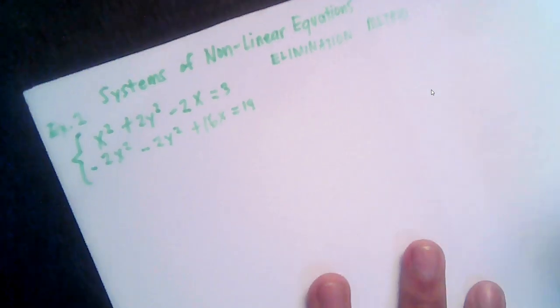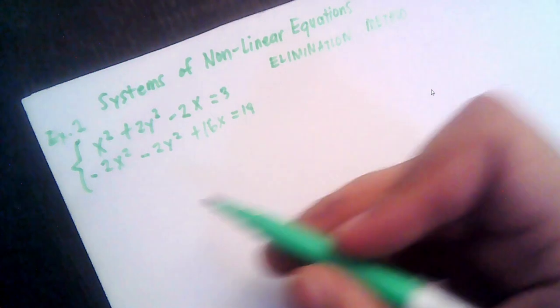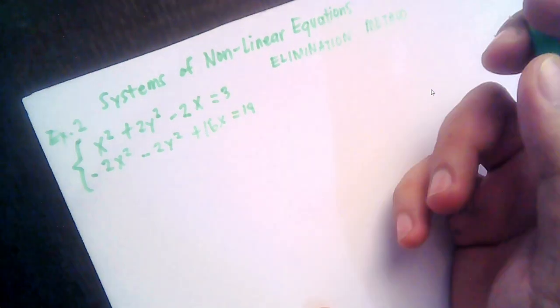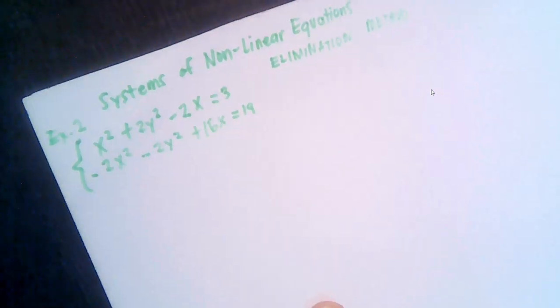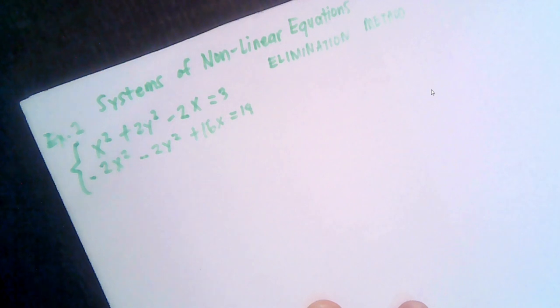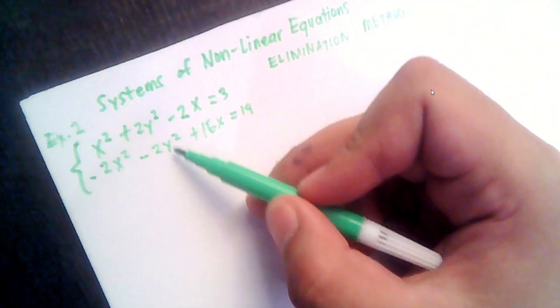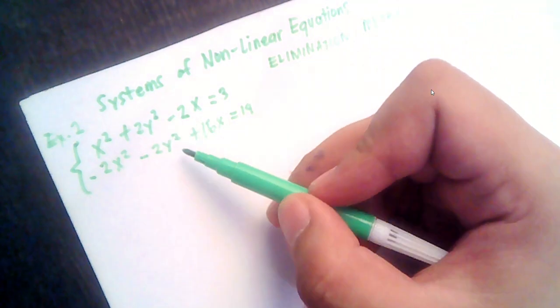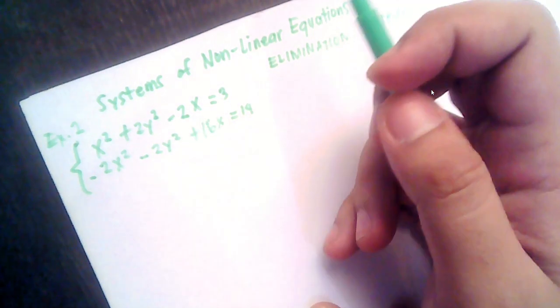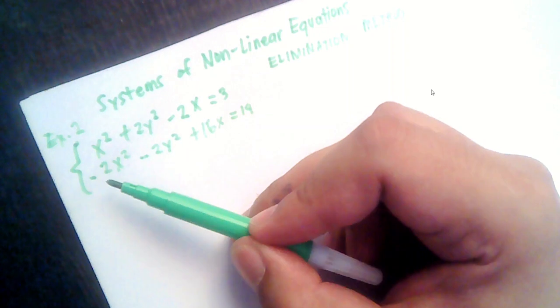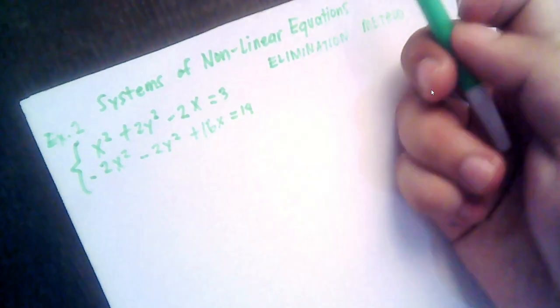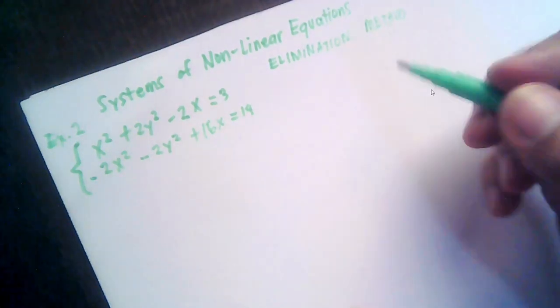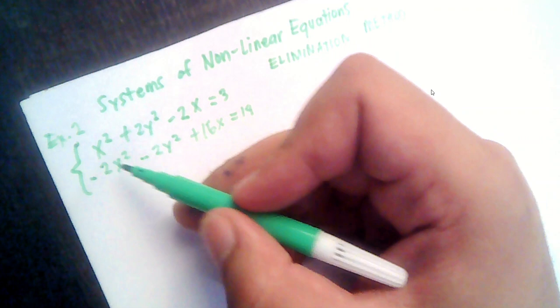Example number 2 of elimination method is, first step, look at the same terms. As you can see, most of the time we try to look at the x. As you can see, they're a little bit the same, 2y squared and 2y squared, you can eliminate that one. But how about the x squared minus 2x squared? So again, the first step is to try to find ways to eliminate.